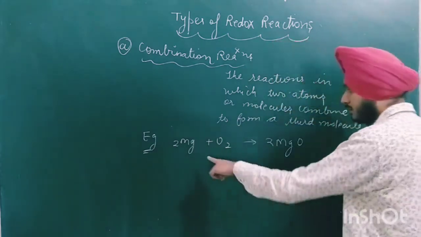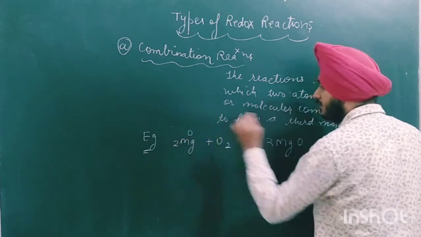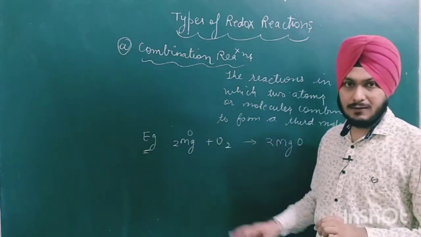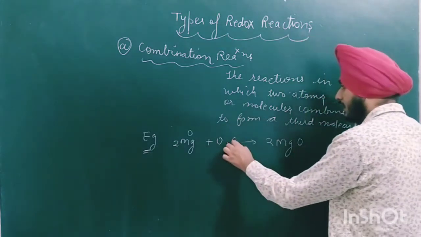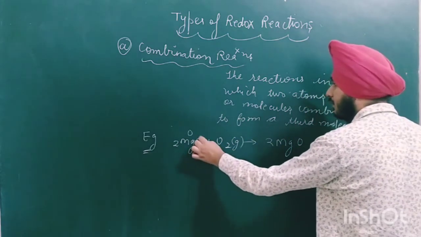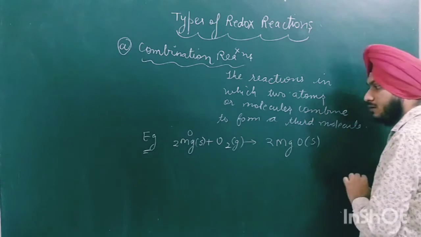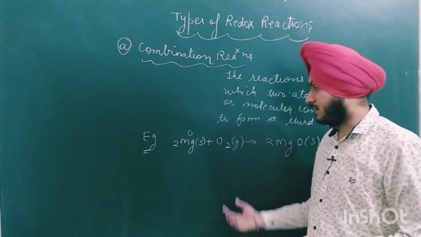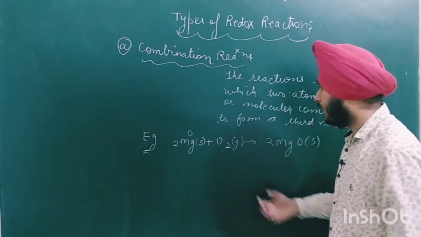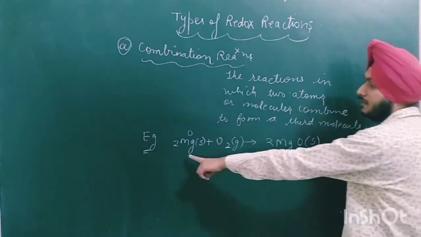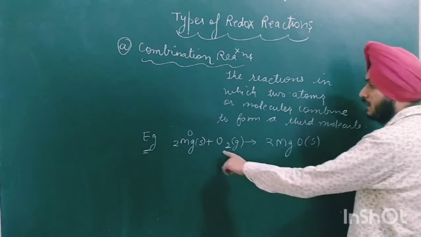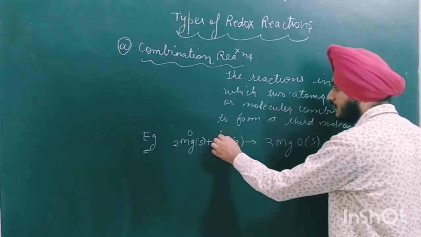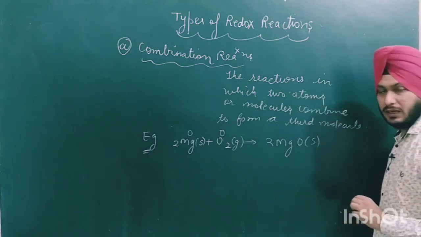Here the oxidation number of magnesium is 0 because it is in its elemental form. You also have to write the state in which the substance is present. O2 is also in its elemental form, so its oxidation number is again 0.